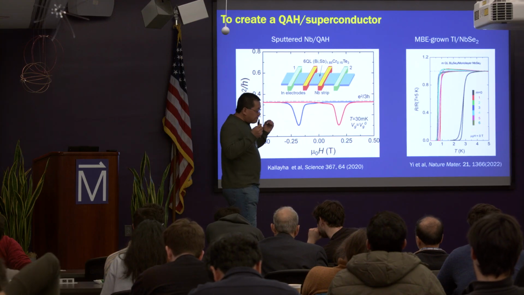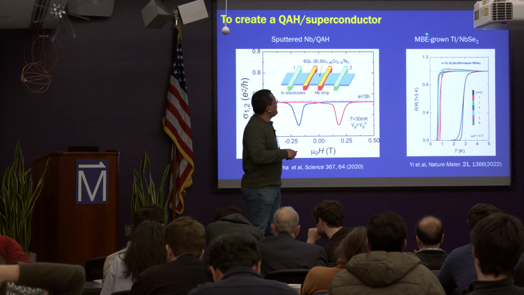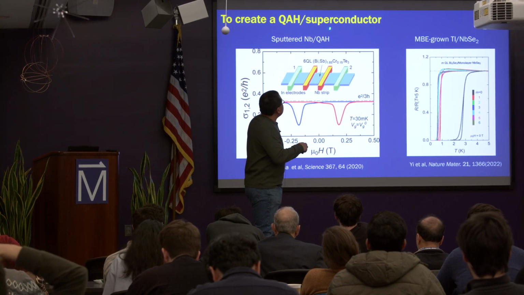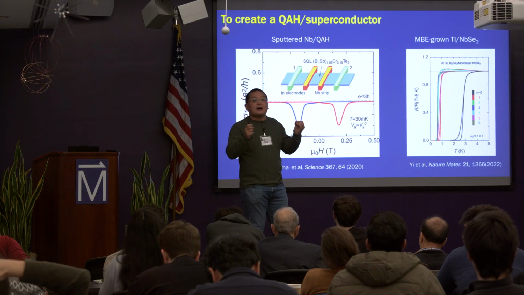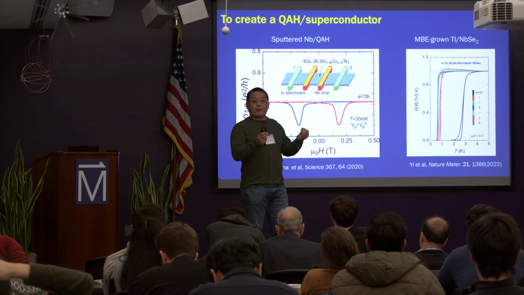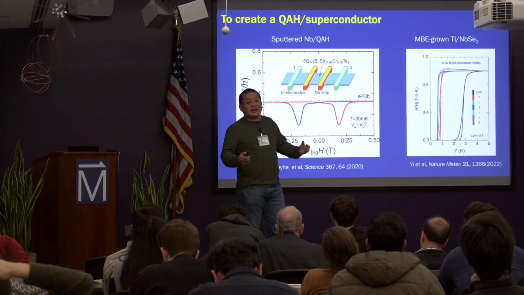And I'm an MBE grower. I really want to use MBE to grow the quantum anomalous Hall and superconductor layers within one chamber with a really sharp interface. For most experimentalists, sample quality is really important.